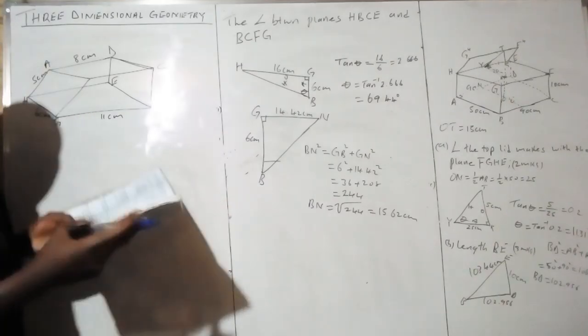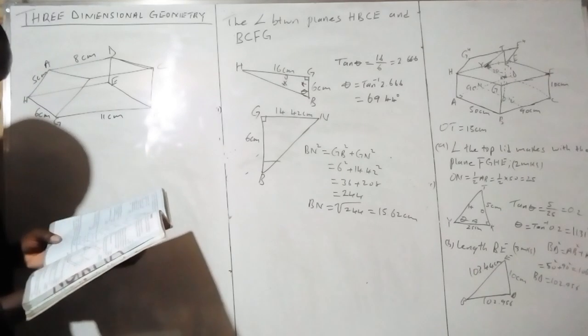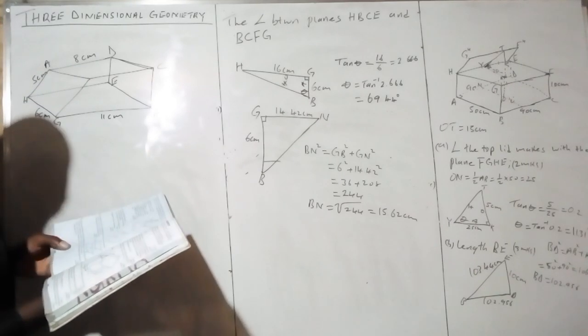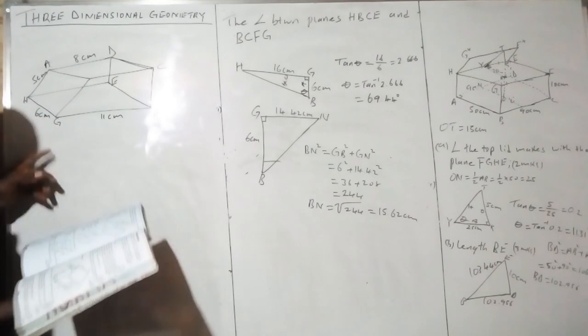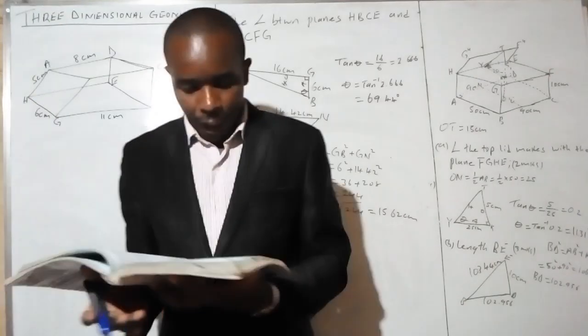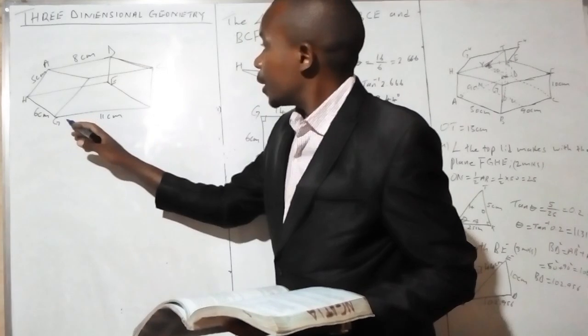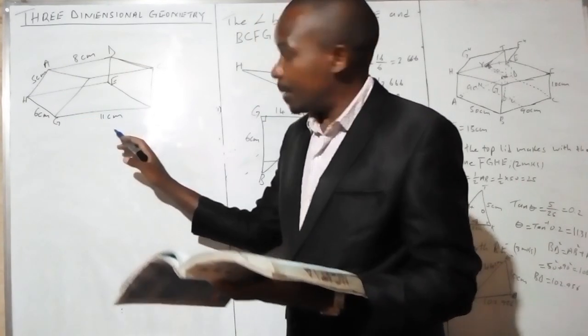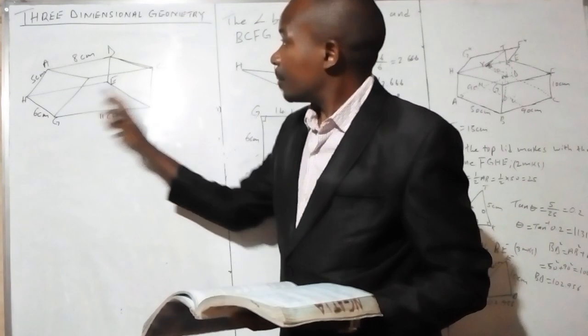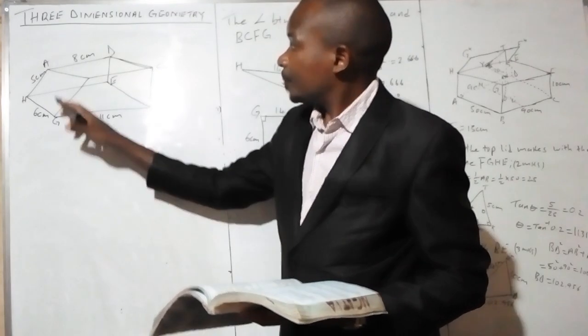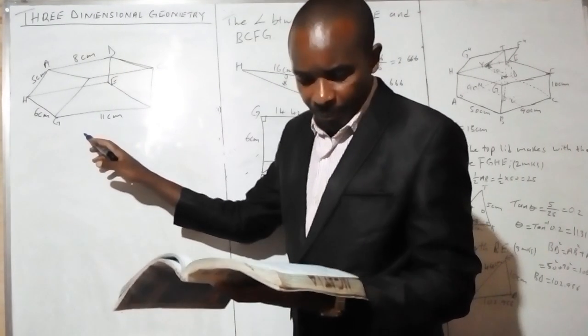Yeah, BC and BG, GF is 11. BC, where's B? Yeah, B is here.